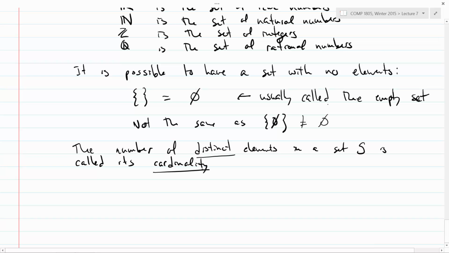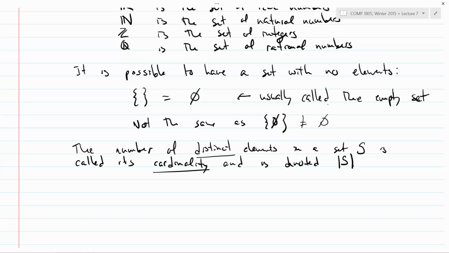And it's usually denoted with absolute value bars. So you would say the size of S. And it's usually clear from context whether this means an absolute value or a cardinality. It means a cardinality if the thing on the inside is a set. It means an absolute value if the thing on the inside is a number.